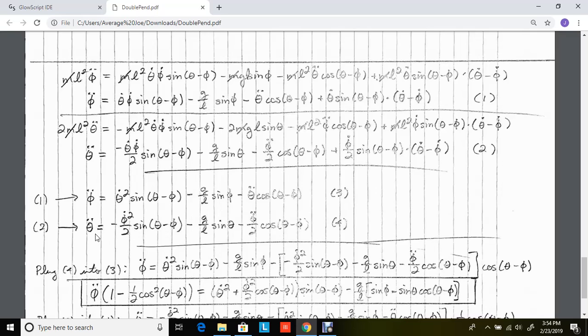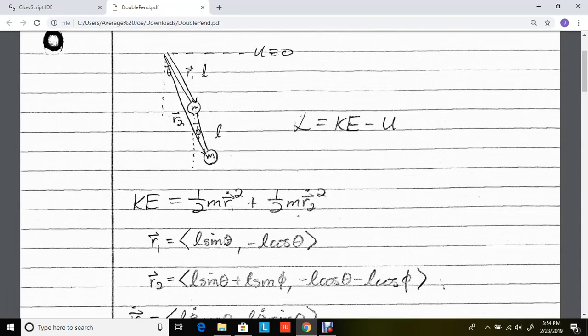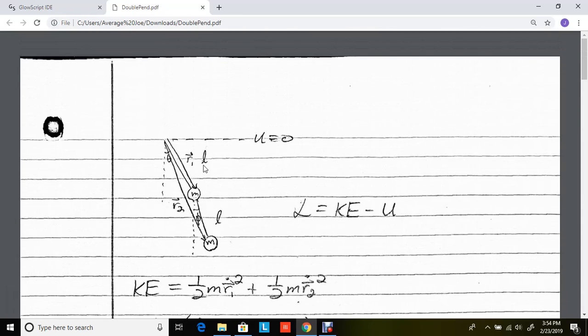And the exact same thing happens with our theta double dot equation. We end up getting theta double dot equals minus g over L sine of theta. And if we go back up to our diagram, we can actually see intuitively why this should be the case. Let's consider theta double dot.